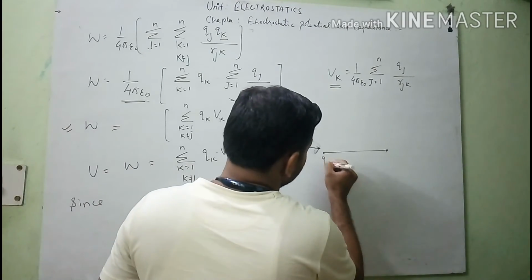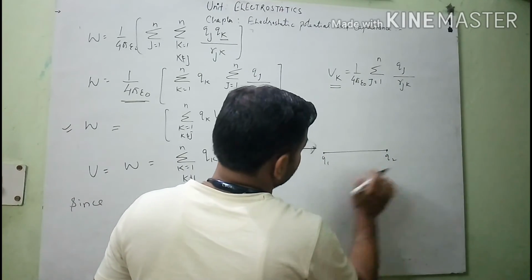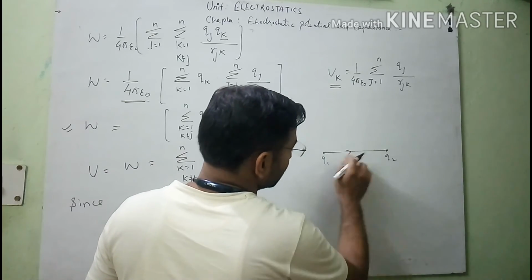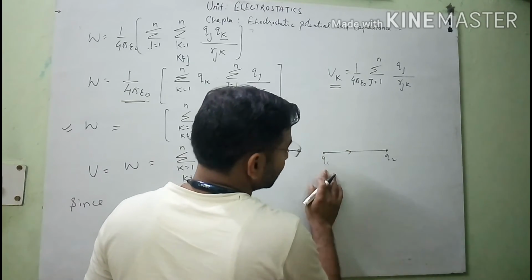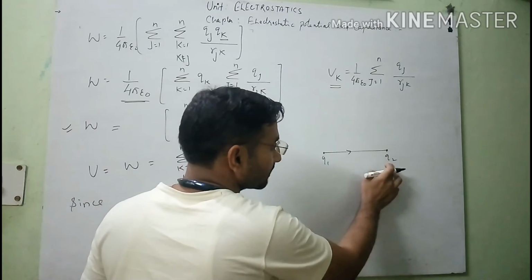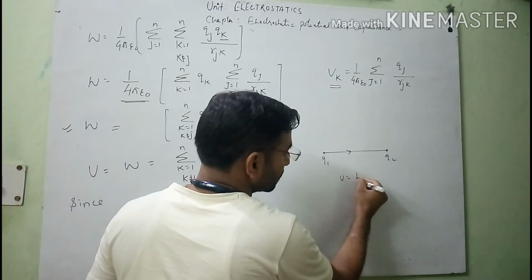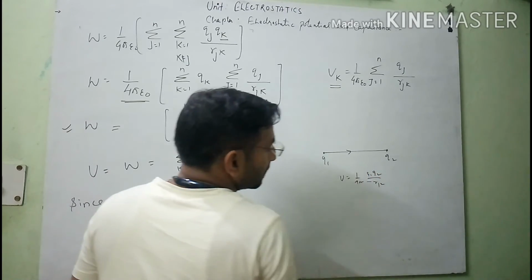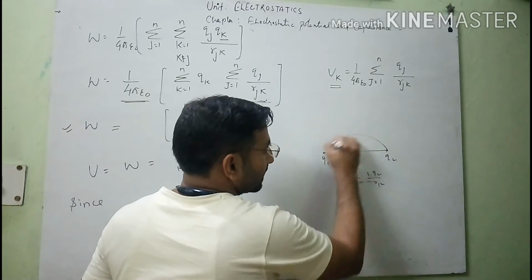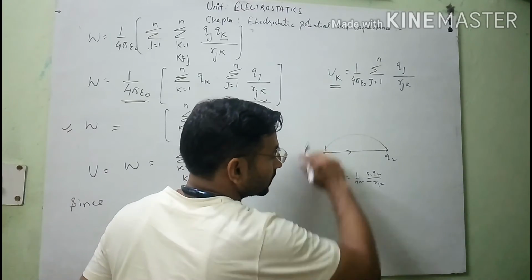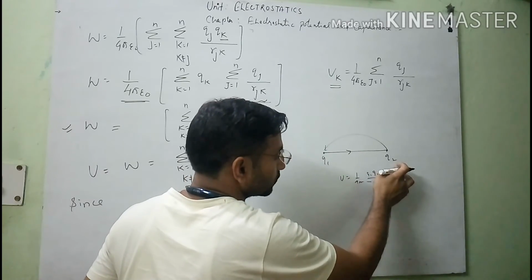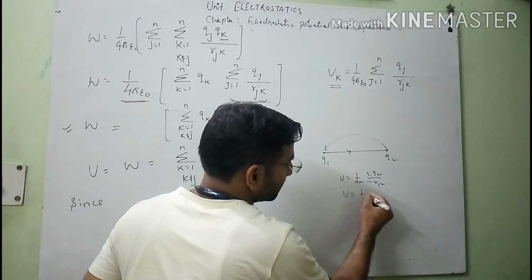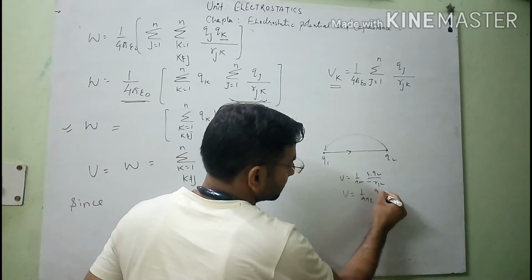So if we talk about a pair of charges q1 and q2, when you find the energy, if you take q1 charge initially and after that q2, your energy will be 1 over 4 pi epsilon naught q1 q2 by r12. Similarly, if you take the reverse process, q2 at first and q1 at last, then the same amount of energy you will observe.